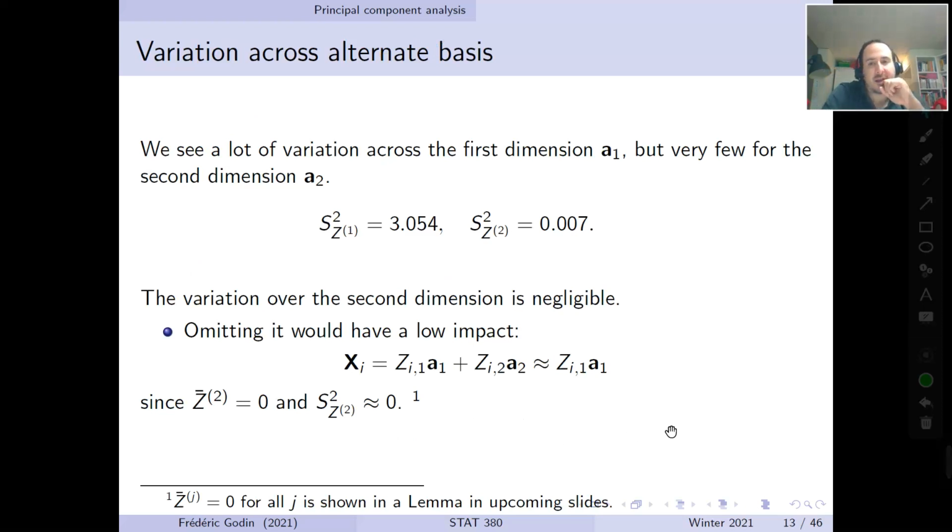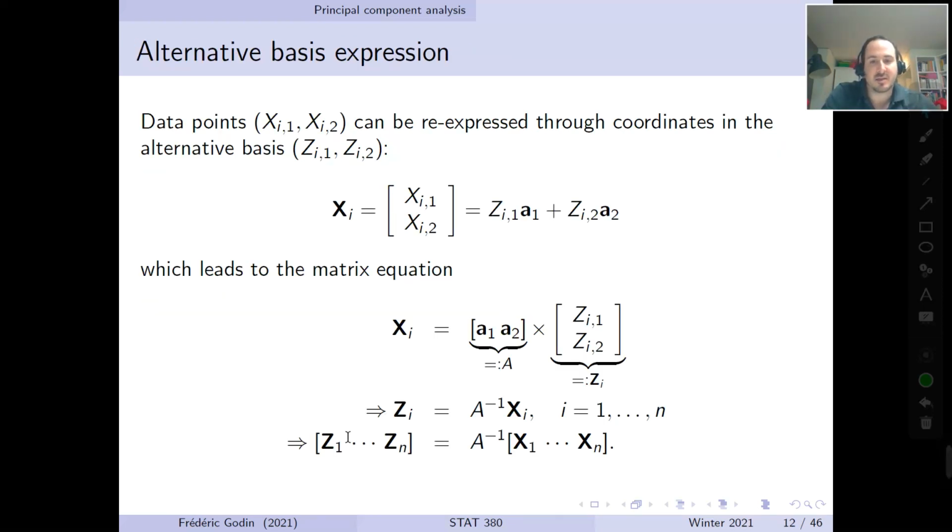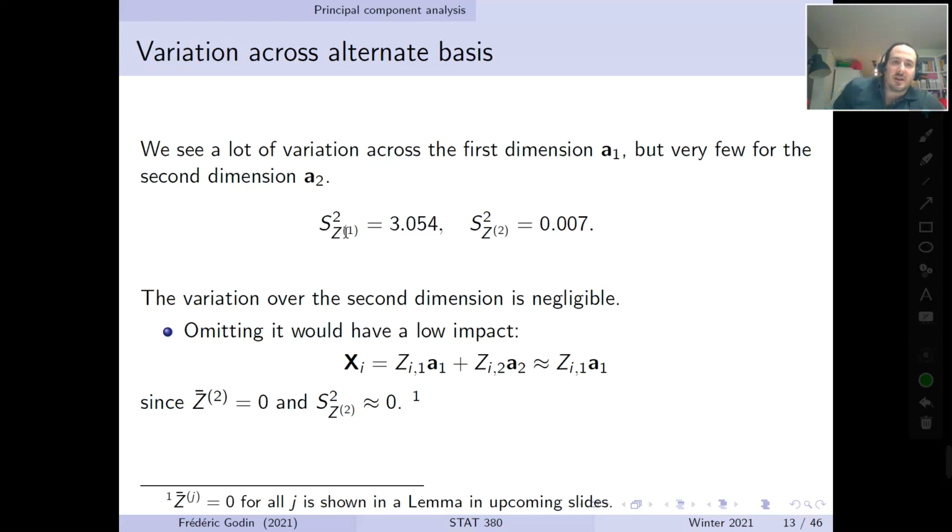If we do that, let's see what happens to the sample standard deviation of the two coordinates. Looking at this matrix, for each coordinate we can calculate its sample standard deviation across all observations. You take the first coordinate, the coordinate in the first axis, and do its sample standard deviation across all observations, and do the same for the second.